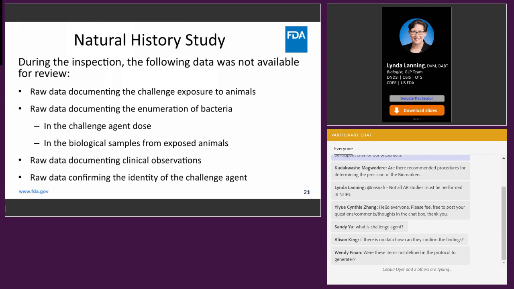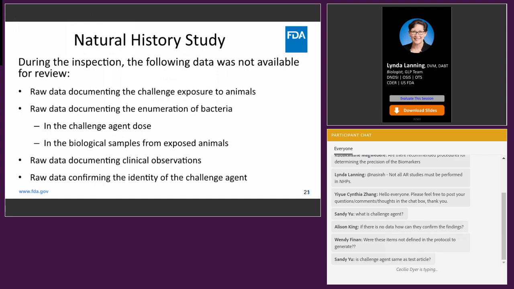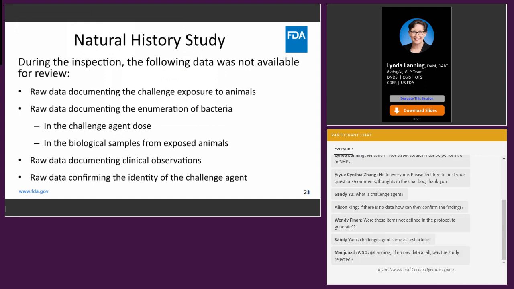So consider how this inspectional result affects the ability of this study to support its use and the use of this animal model in the future. Think about how it draws any of the reported study results into question.